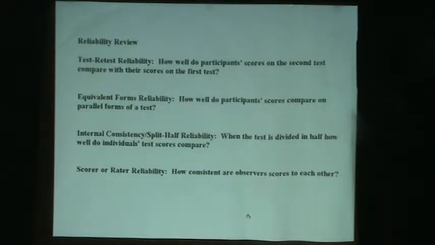Internal consistency or split half: when the test is divided in half, how well do individual test scores compare? And if they're very similar, then the reliability coefficient is probably fairly high. And then scorer or rater reliability: how consistent are observers' scores to each other?